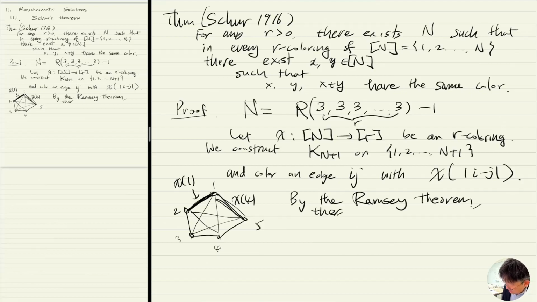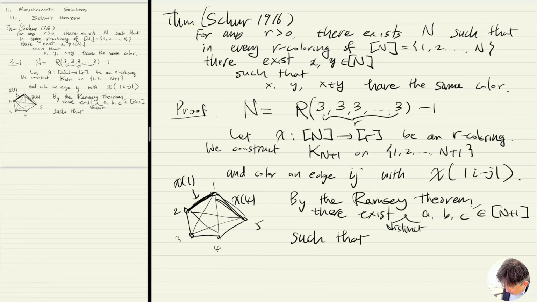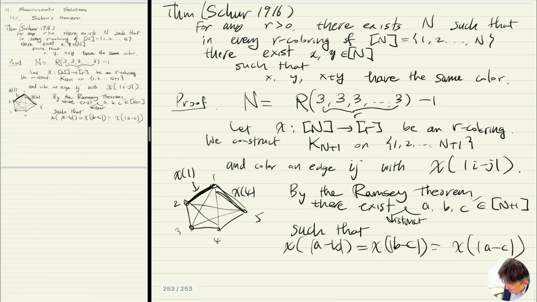Now, by Ramsey's theorem, there exists a monochromatic triangle. Let's say there exist distinct a, b, c in [N plus 1] such that chi of a minus b, chi of b minus c, and chi of a minus c are equal.